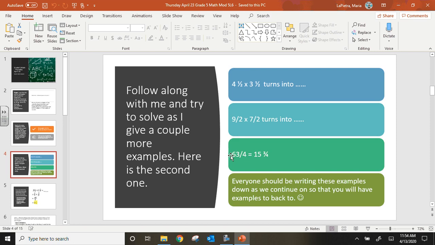Don't forget, if the number on the top is bigger than your denominator, it's an improper fraction, and you must divide. And when you divide, you get 15 3/4. So everyone should be writing these examples down as we continue on so that you'll have examples to go back to.